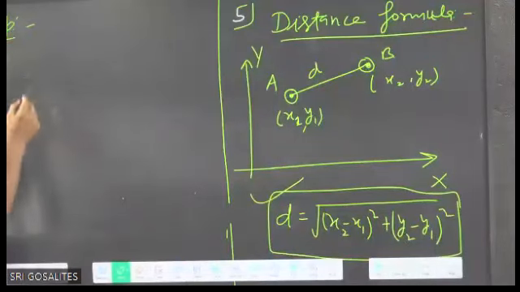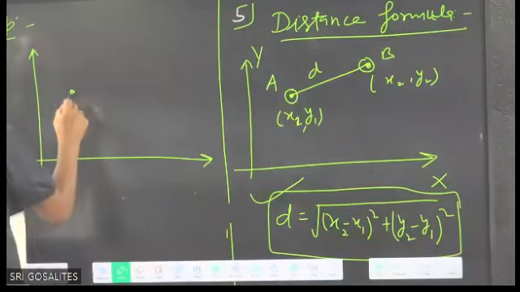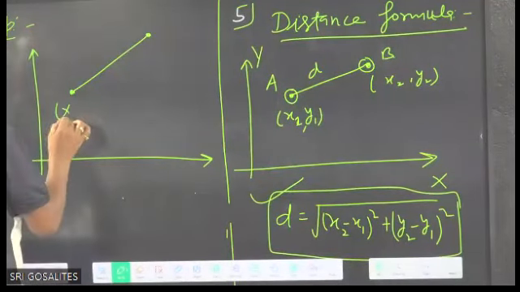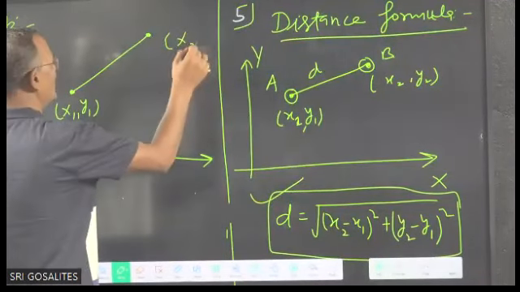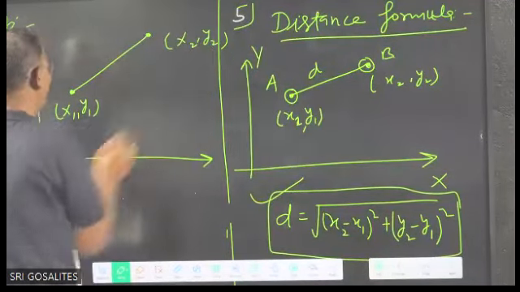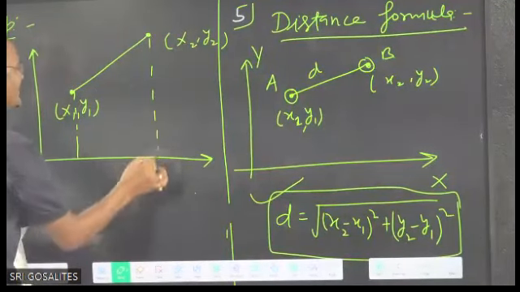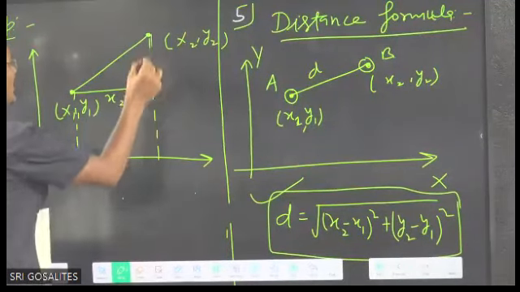Explanation. Bete, I told you, this is x1, y1, x2, y2. Then what was this? x2 minus x1.